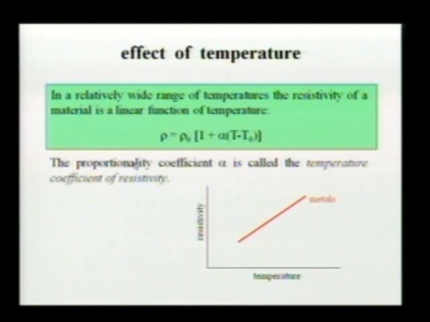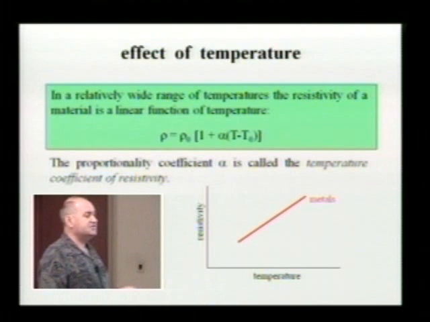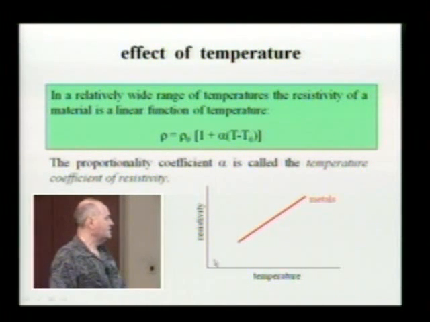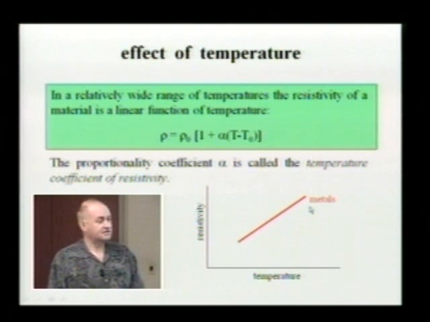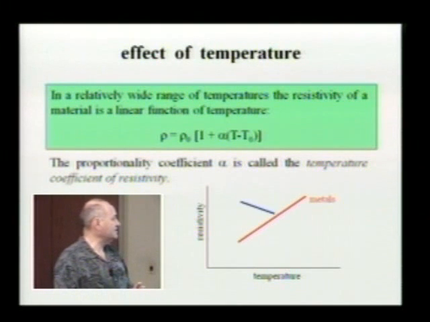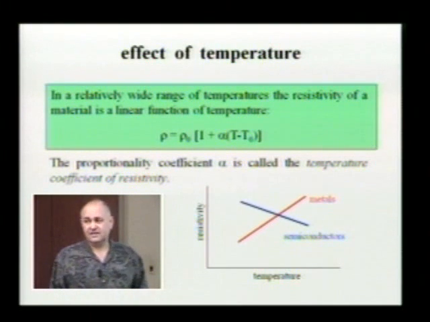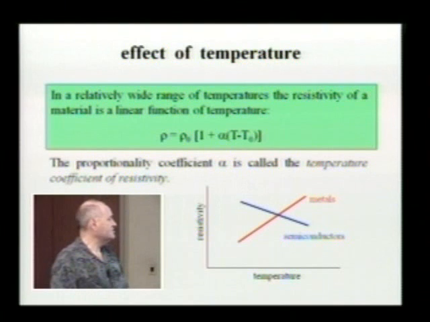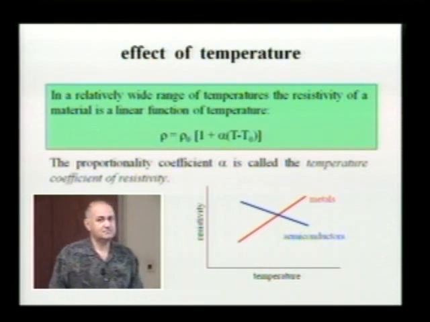If I look at how various substances behave, metals have such a property that if we increase temperature, the resistivity of the metal also increases. However, this is not true for every substance. Semiconductors, for example, have the other property: when we increase temperature, their resistivity decreases.